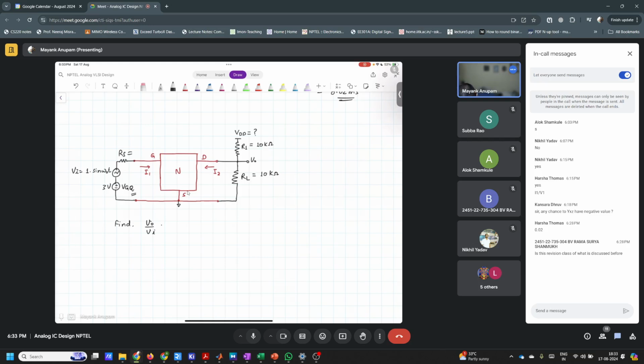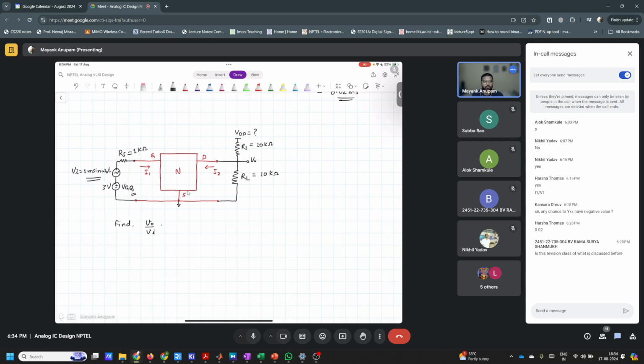So the same VGQ I have applied here at the input. Let RS be equal to 1. On top of this VGQ, I have also applied a small sinusoidal voltage here, not 1 volt, it is actually 1 milli, 1 milli sine omega naught t.